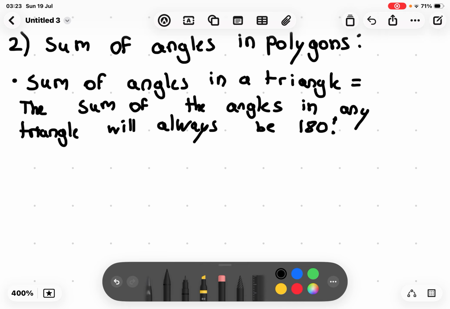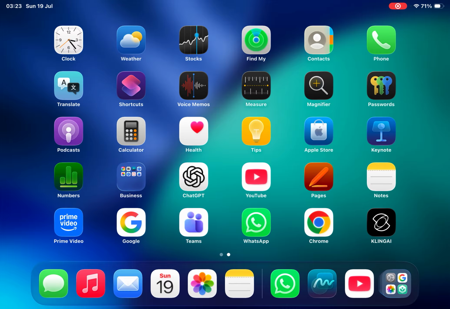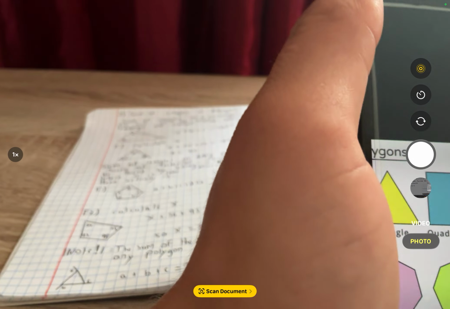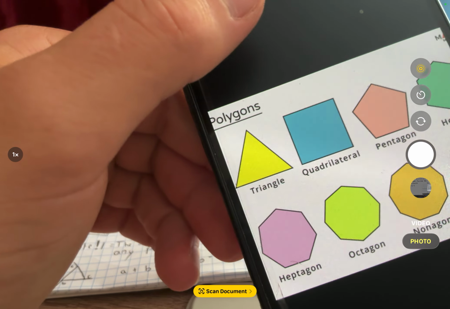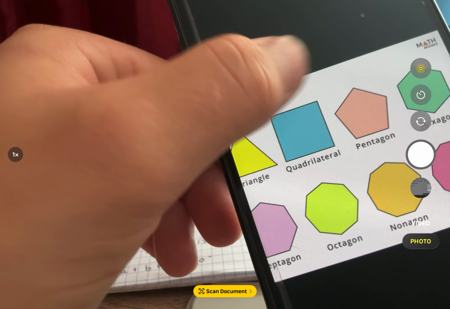So, sum of angles in polygons. First of all, I want to quickly, well, I personally wasn't 100% sure what a polygon is. So if I show it like this, polygons are something like this.